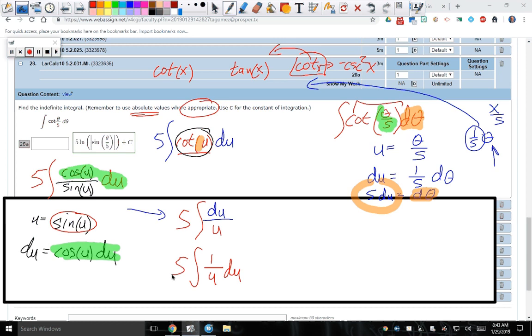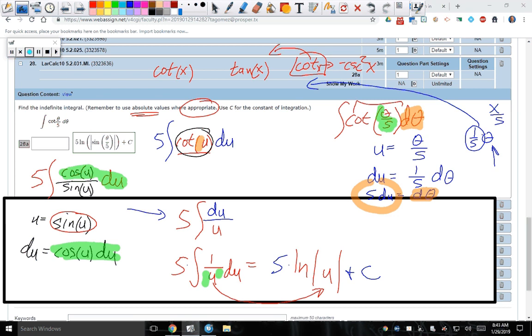Now we just talked about this. 1 over something that has a coefficient of 1 and to the power of 1 will always, always, always be the natural log of the absolute value of whatever that is. Constant multiple, roll this 5 back in and do a plus c.